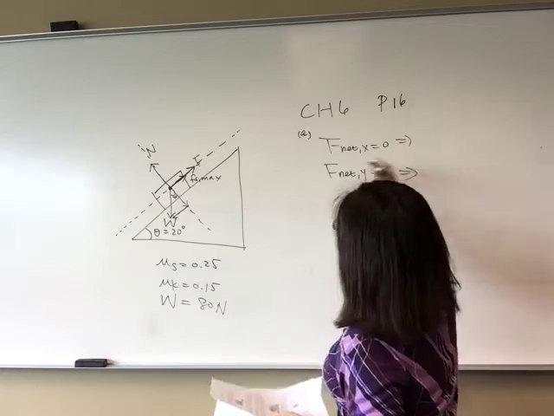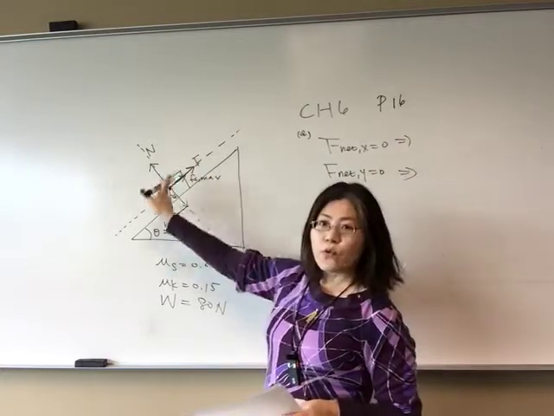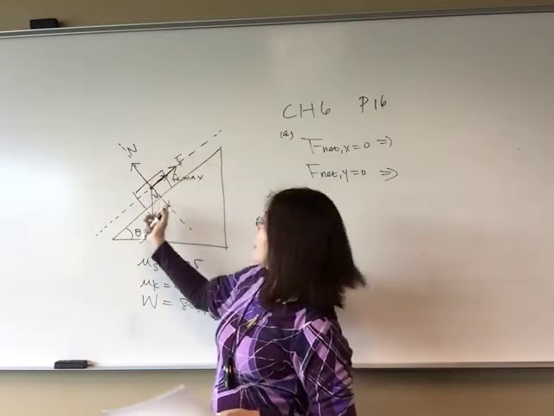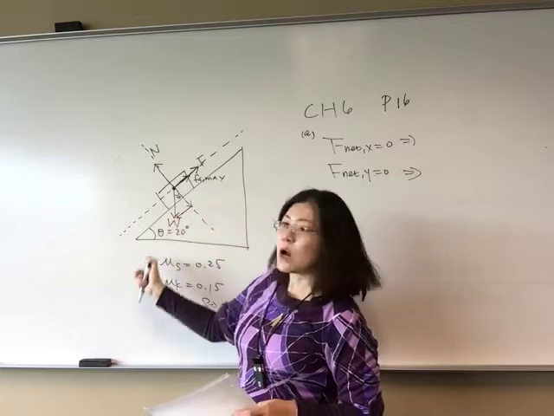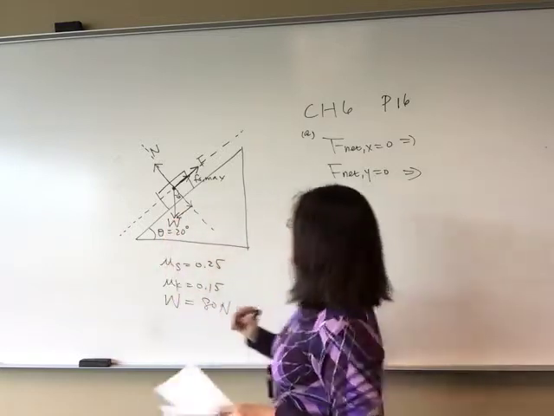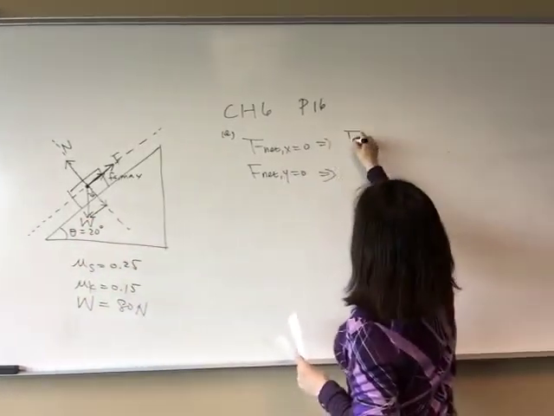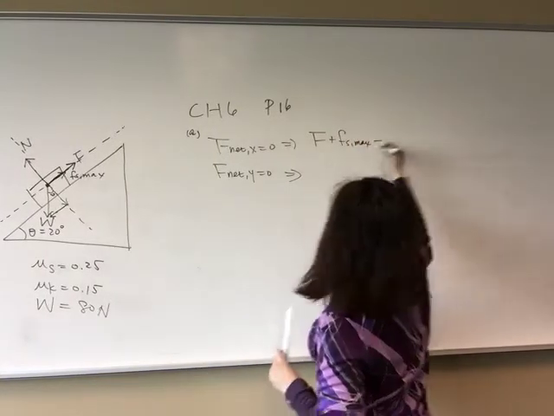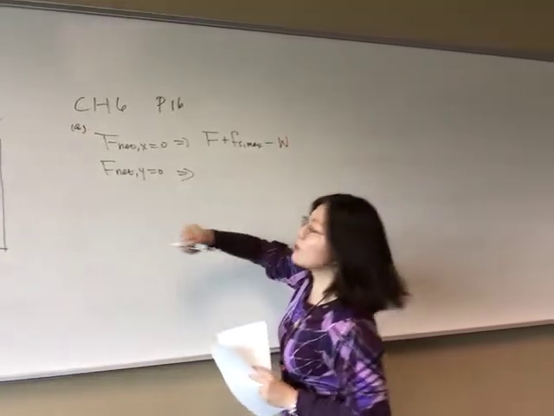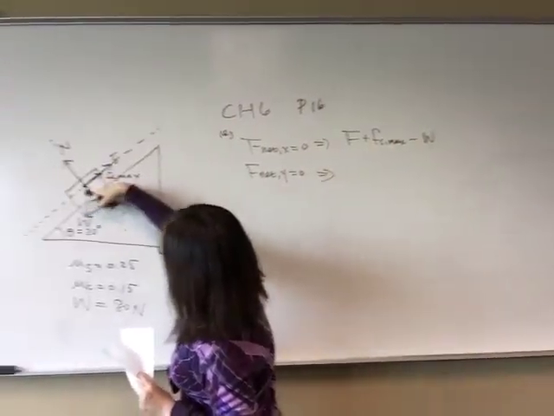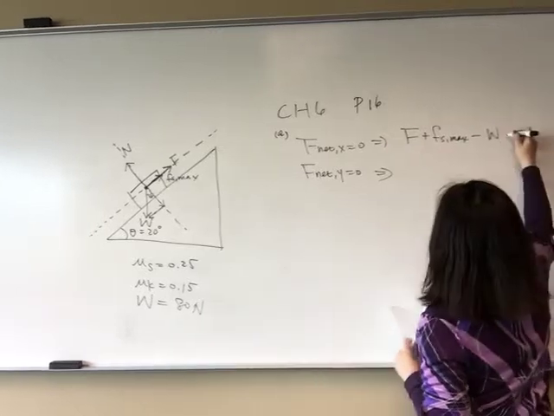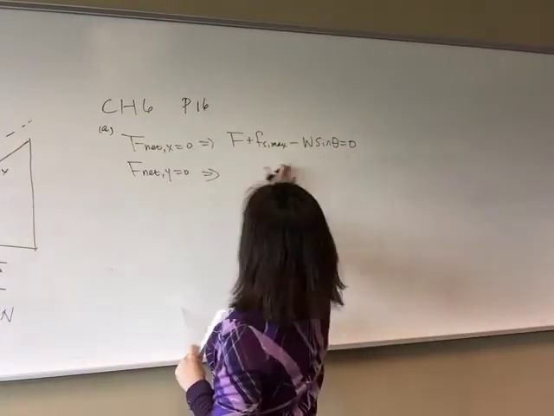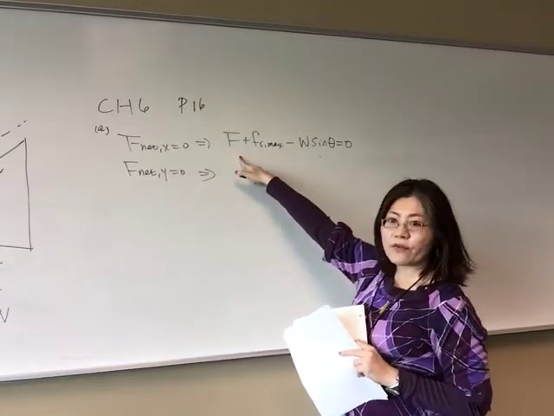So from this equation, we have the external force, we also have the maximum static friction force that's pointing upward, and then that should be balanced by the downward gravity component along the plane. So you have your F plus the maximum static friction, minus W, and this is opposite the angle, so that has to be sine theta, and the whole thing is equal to 0.